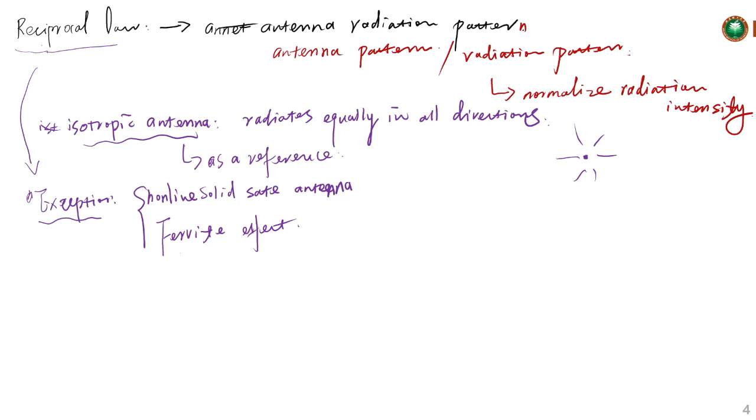So we usually use antennas with very large apertures, such as the cluster ring antennas, and also phase controlling arrays or antenna arrays. So this is the reciprocal law, and also as demonstrated in our analysis.